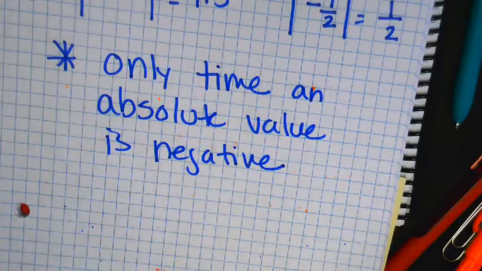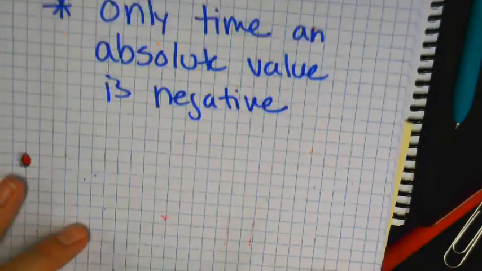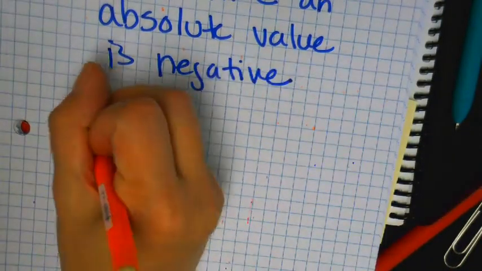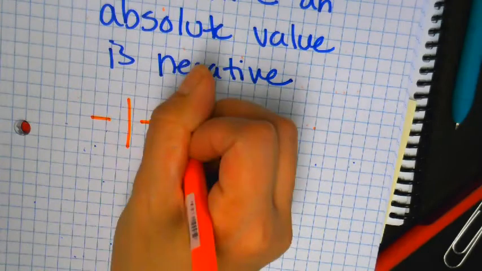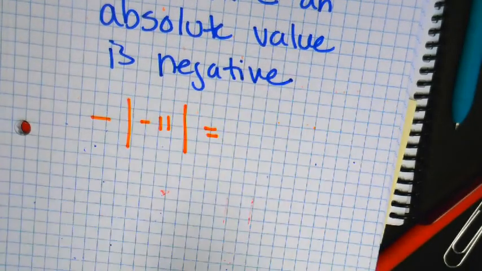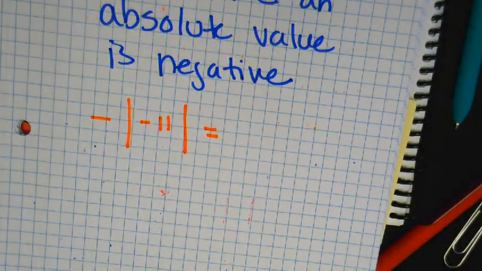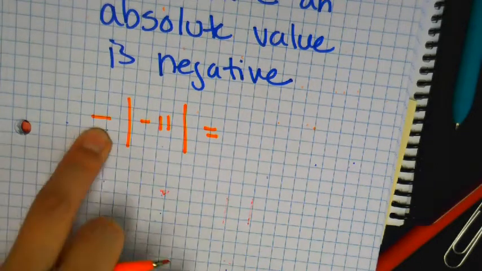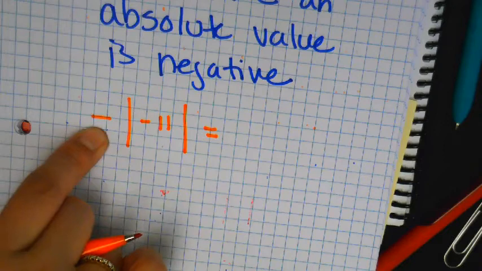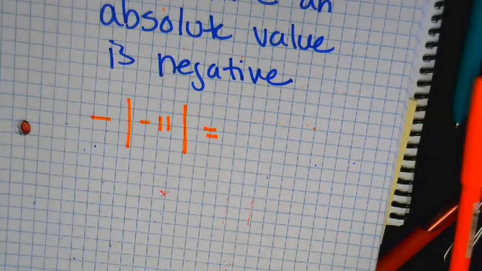All right, let's see if you can spot the difference. This answer will be negative. Why? This negative is outside. Do you see how it's outside? This is when your answer is going to be negative.